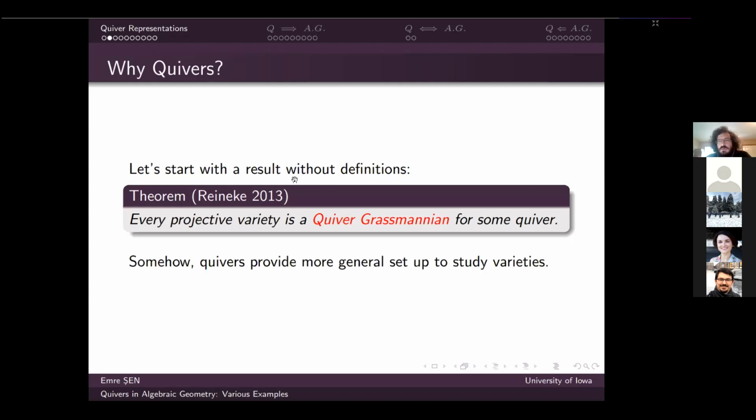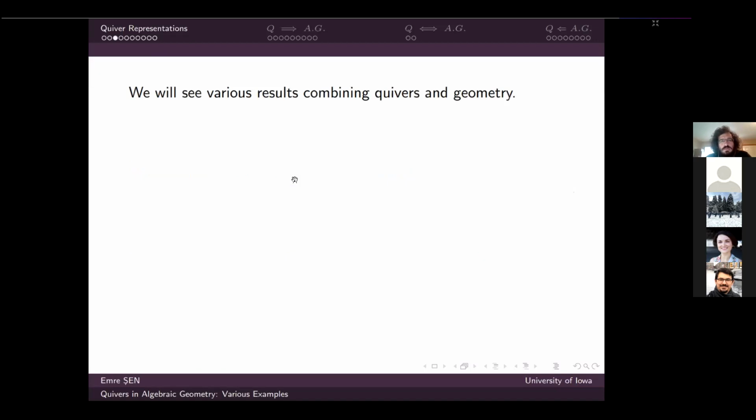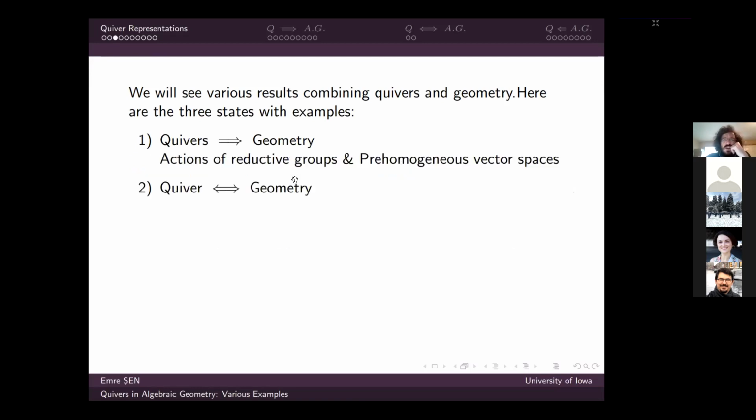So what are the examples I want to talk about today? First of all, we can use quivers to understand some geometry problems. And when I say quiver, we will see later that this also comes with these Dynkin diagrams. So somehow we can consider actions of reductive groups or prehomogeneous vector spaces.